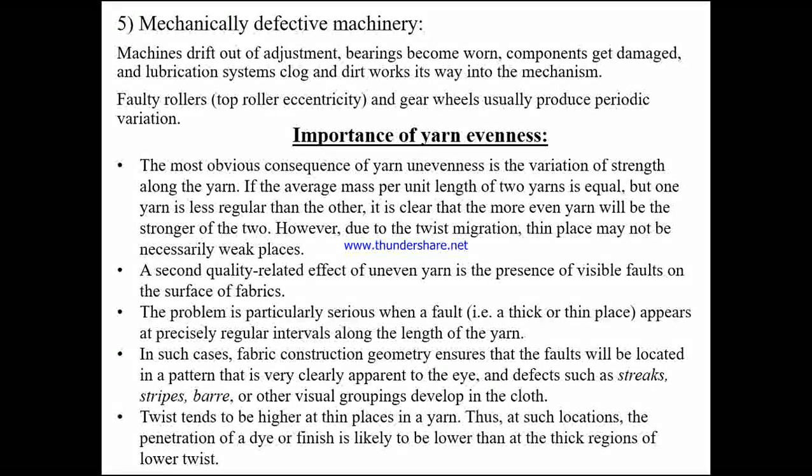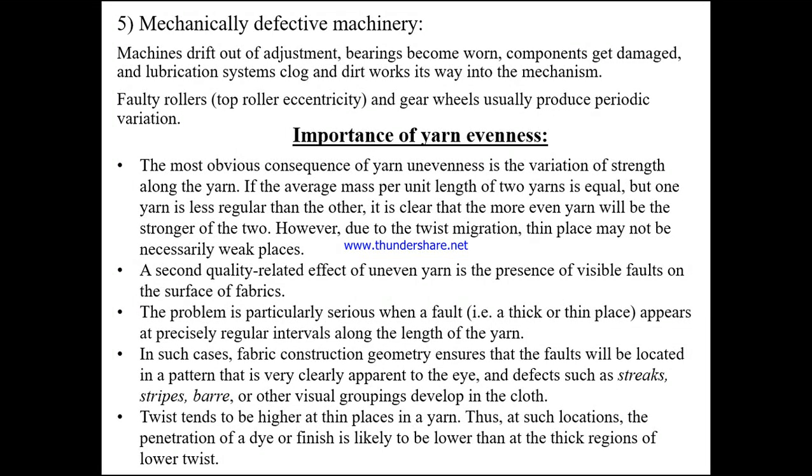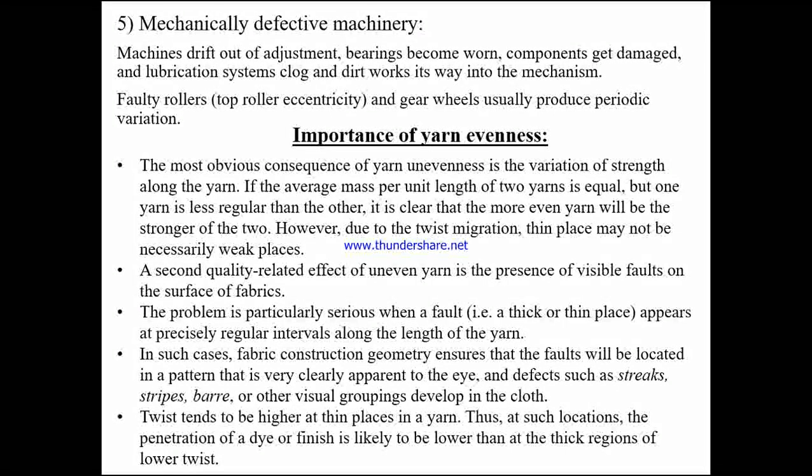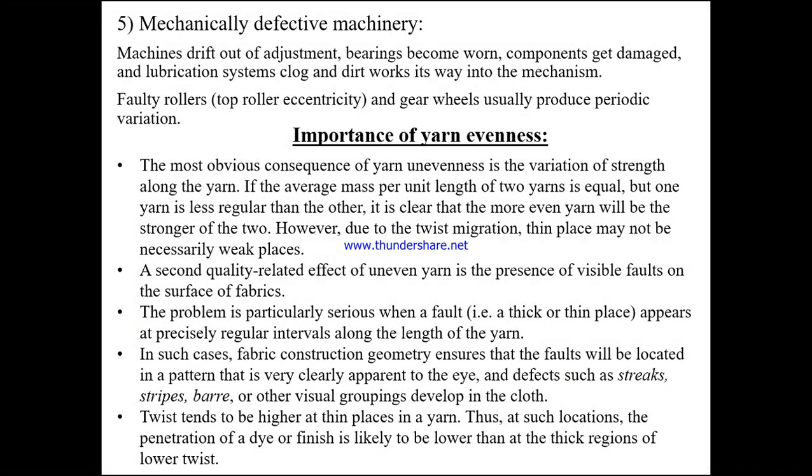And when there is mass variation, during the application of twist in the spinning operation, the fine parts of the yarn will be highly twisted and become much finer due to compaction, because twist always tries to migrate to the thin places.